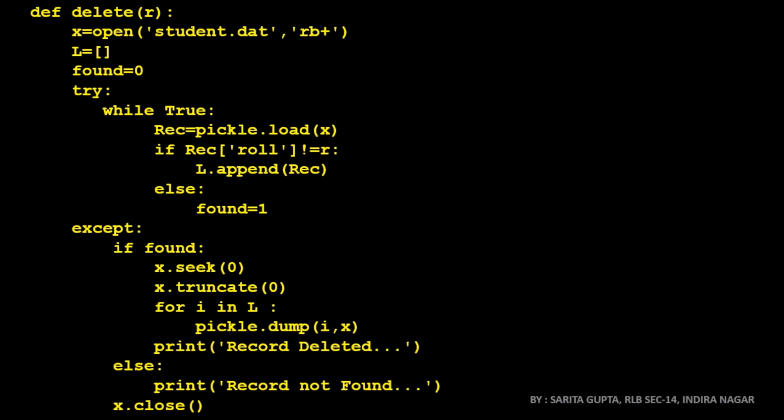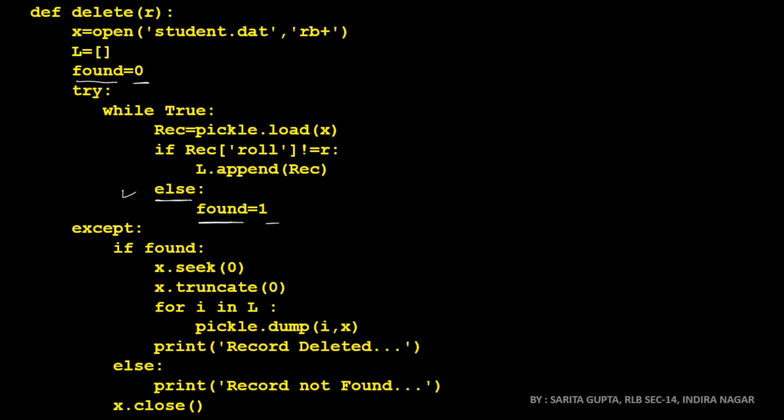Now you can add the condition of record not found in your program code by creating a counter variable before the loop with any name and any initial value, say found equal to 0. Then within the loop, create an else block where I am changing the value of found as found equal to 1.